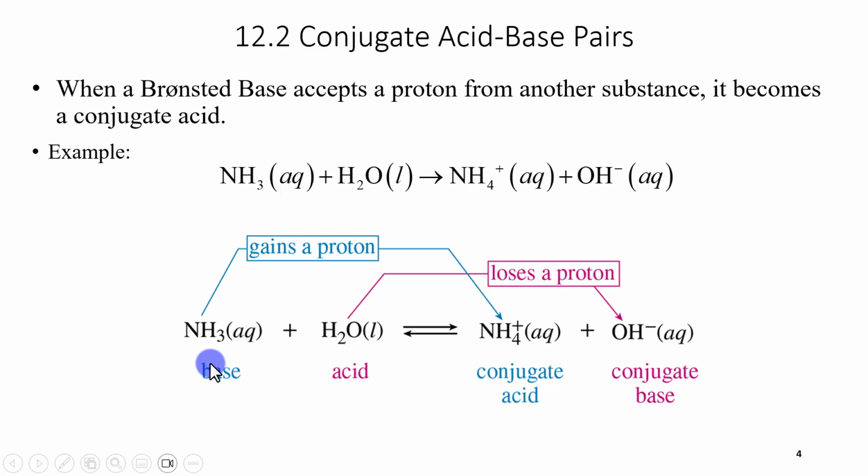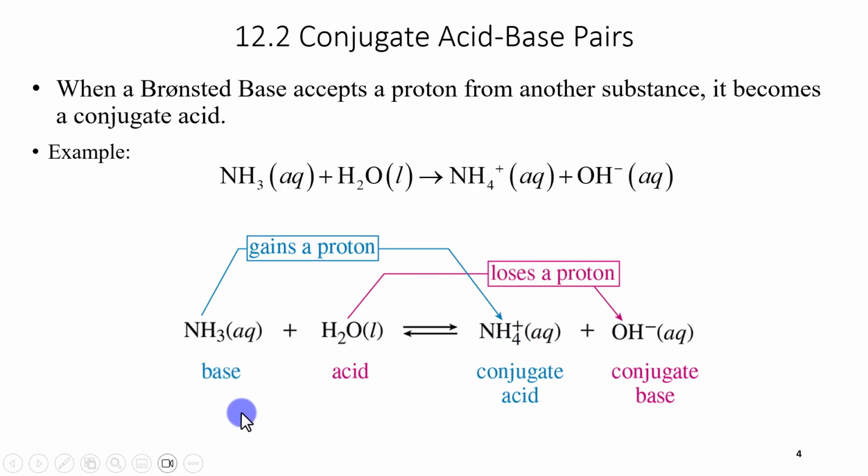So NH3 gains a proton, so it must be acting as a base, and gives me the conjugate acid. That's what is formed after the gaining of the proton. The original water acts as the Bronsted acid, and what is left over after it loses a proton is OH minus. That is the conjugate base of the acid. So we will have two pairs.